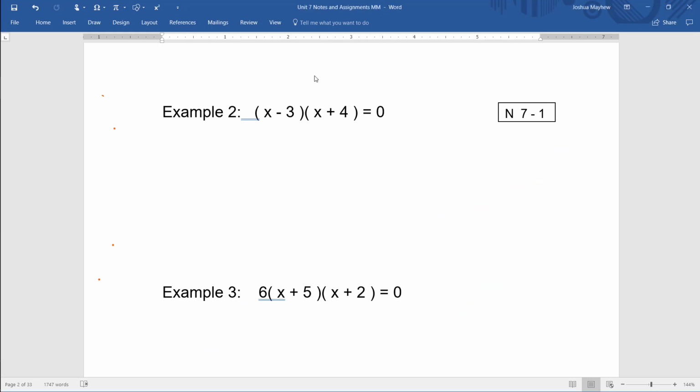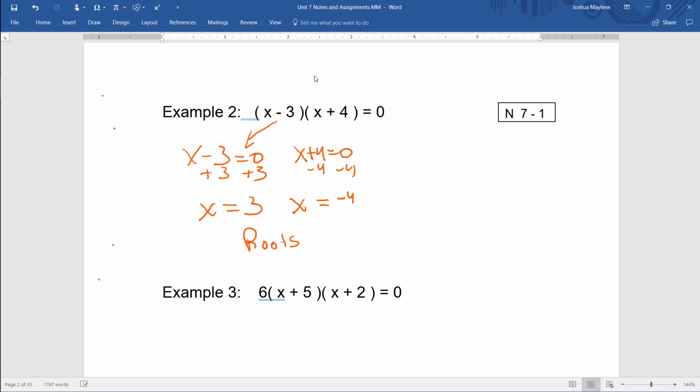All right, let's look at example number 2. Same thing, we're going to set each factor equal to 0 and solve for x. So my roots for number 3 are 3 and negative 4.